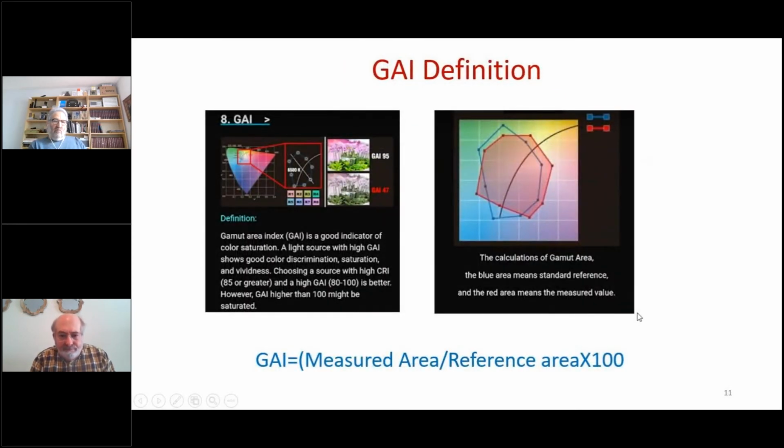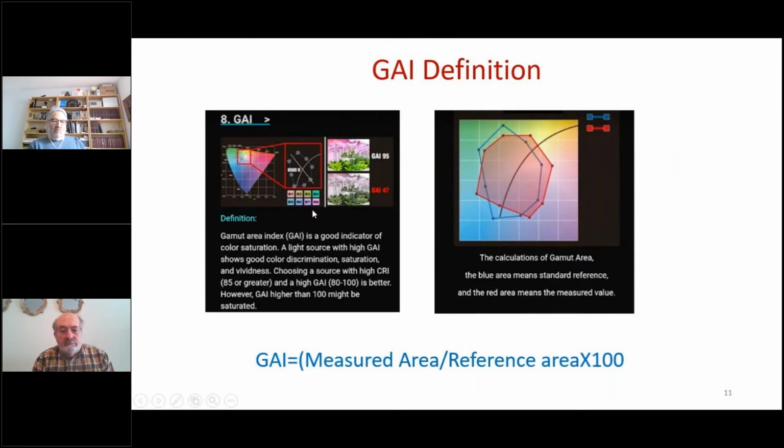Next, we have the GAI definition, and this is kind of similar to calculation of RG. RG in TM30 that I've explained in the previous webinars is a measure of whether the light is saturated or desaturated.